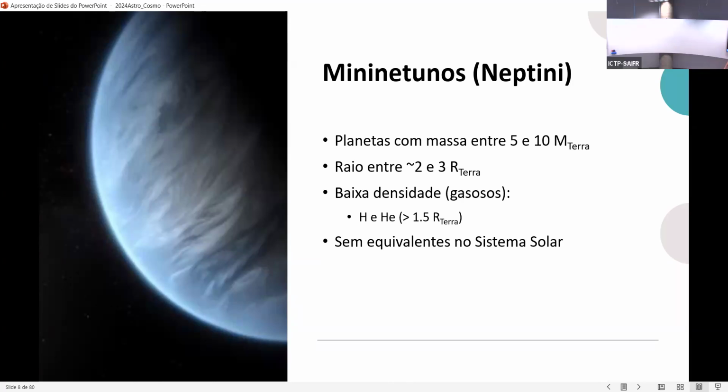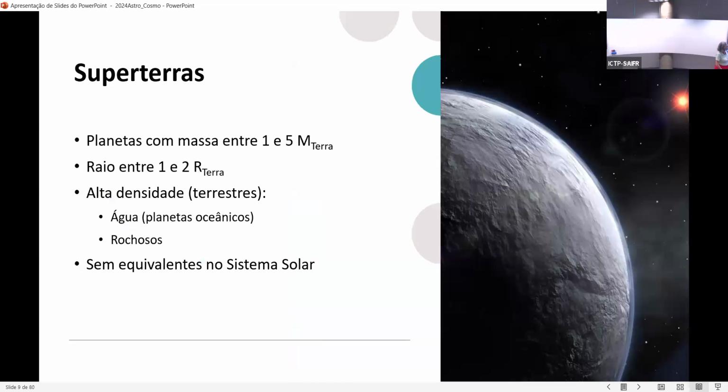These are the radii, Earth masses, and they have low density, so they are in fact gas dwarfs, not giants. They're mainly composed of an atmosphere of hydrogen and helium, just like the giant planets that we know here in the solar system, Jupiter, Saturn, Neptune, and Uranus. And again, no equivalent in the solar system.